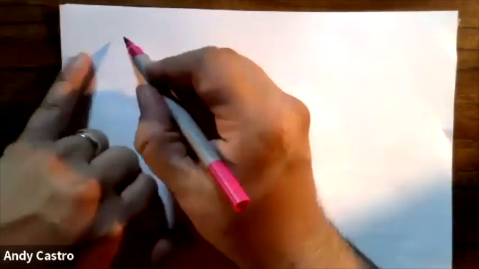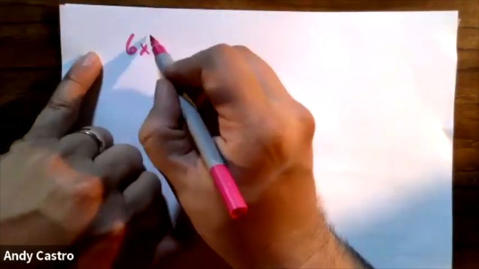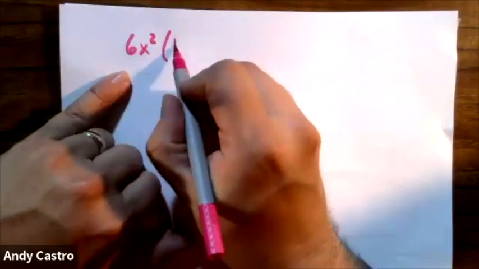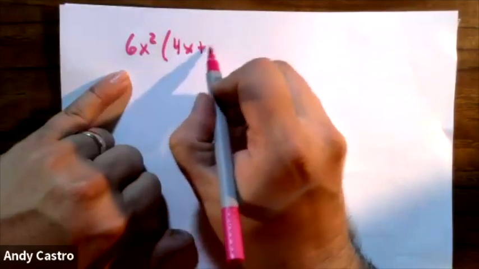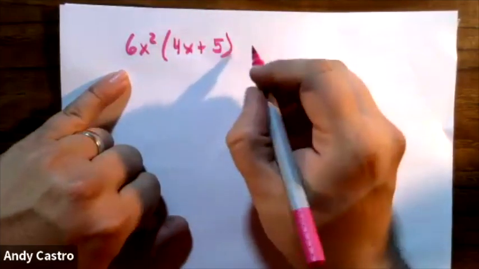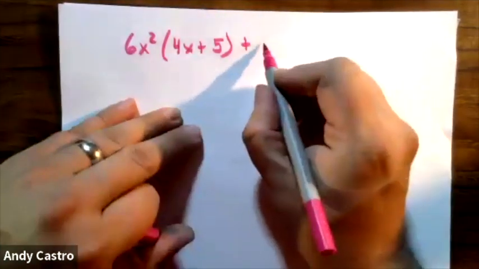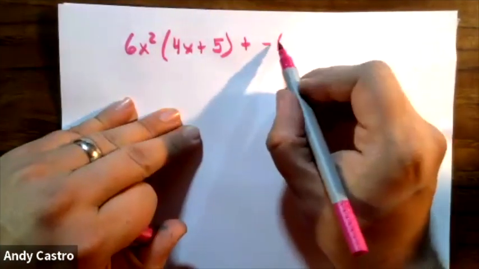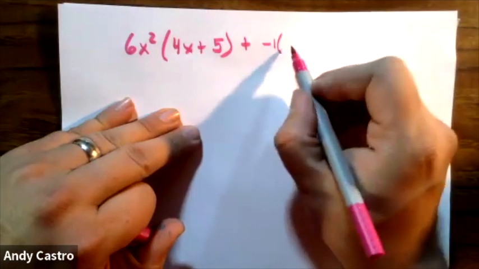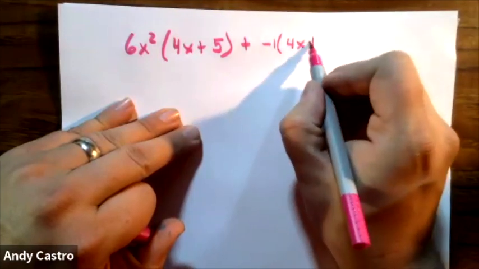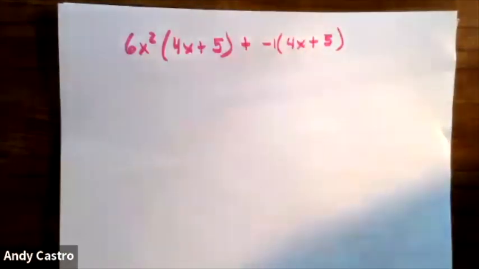All right, so that is 6x squared times 4x plus 5 plus negative, the negative 1 out there, or you can just write negative either way, 4x plus 5.